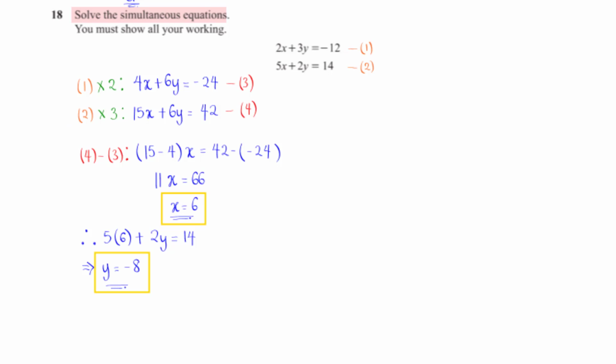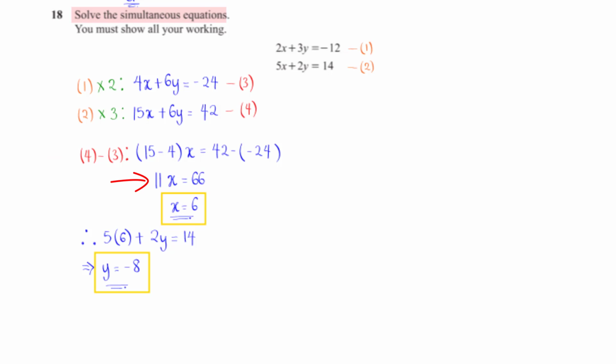So now that we have 6y in both equations, we have labeled them as equations 3 and 4. When we subtract, we have 15x minus 4x, 6y minus 6y, which gives us 0 and cancels out, equals 42 minus negative 24. 15x minus 4x is 11x. 42 minus negative 24 is 66.